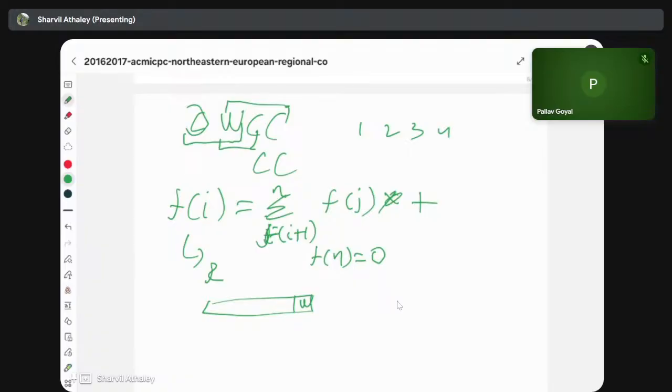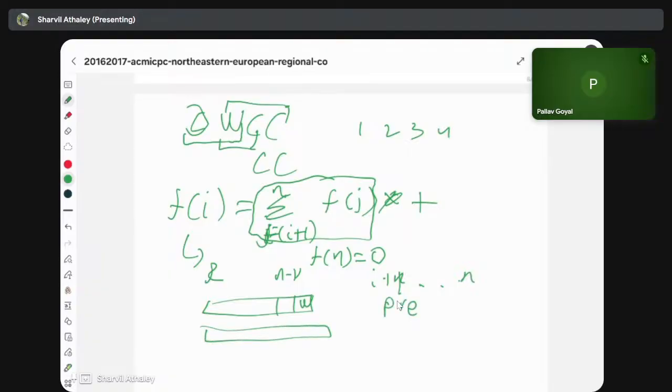So for n minus 1 onwards, we will maintain a summation of the f_i's from i plus 1 to n, and also maintain a prefix sum of the wrong cards. So let's say we have a pre of i, which is the summation of an indicator variable whether the current card is a wrong card.